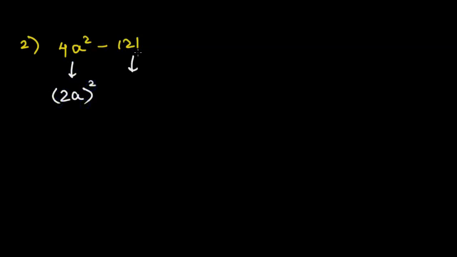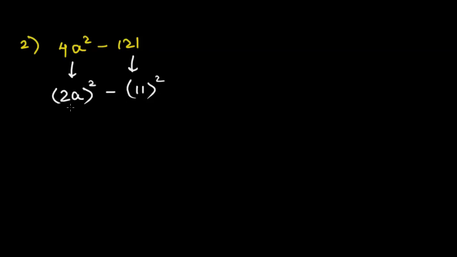Let's take up another question for the sake of practice. We have 4a square minus 121. We know 4a square can be written as a square of 2a. We know 121 can be written as a square of 11. And there is a negative sign in between. So this question fulfills the definition of difference of squares. There is a minus sign in between.